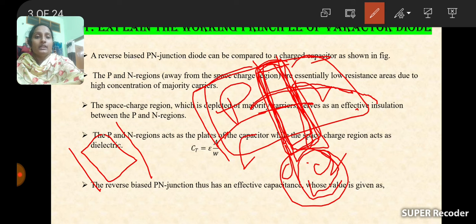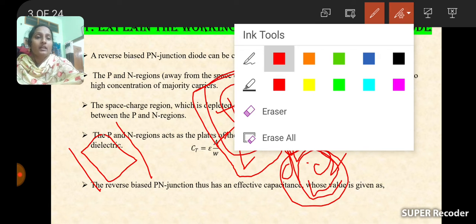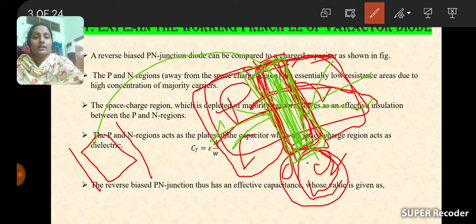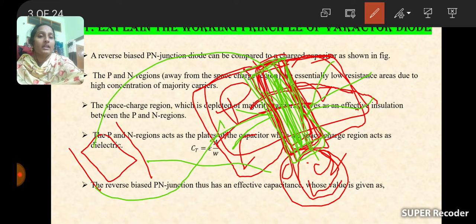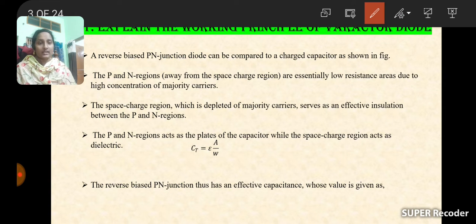Here P acts like one metallic plate, N acts like the other metallic plate, and the depletion region acts like the dielectric medium. It opposes the flow of charge carriers from P to N and N to P. So in this way, a diode is able to act like a capacitor. Based on that, the varactor diode is designed.